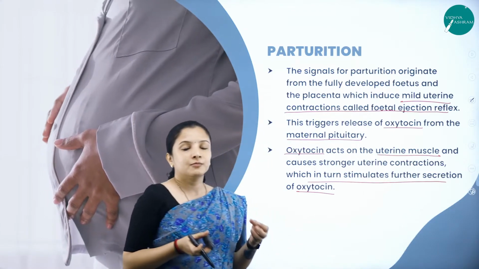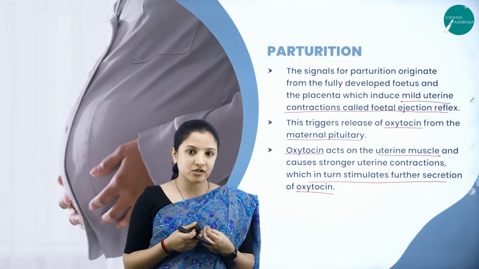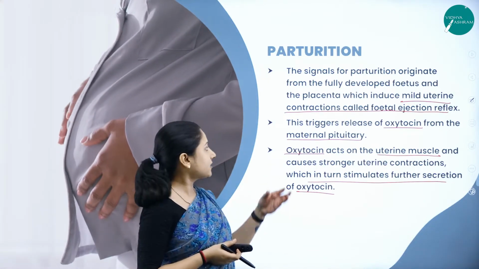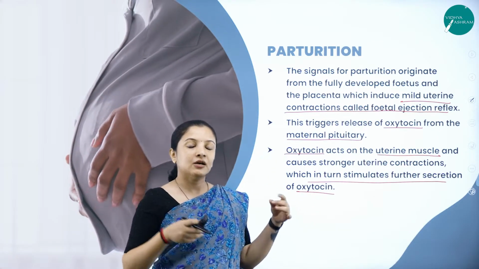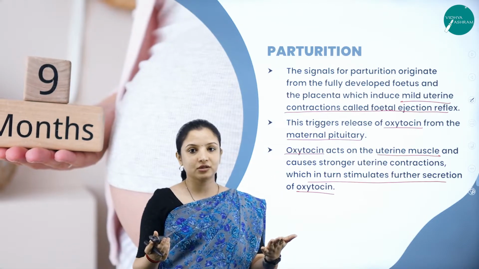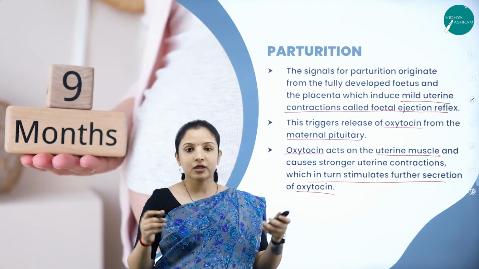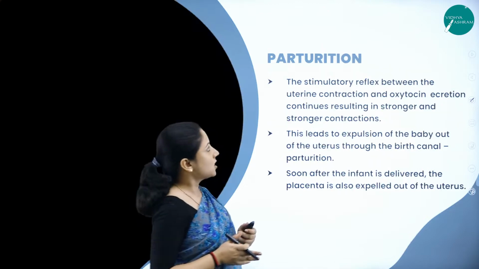So first, mild contraction will start. This will notify the pituitary gland to release oxytocin. When the oxytocin releases, further contraction will start, and when again the oxytocin releases, further contraction will start, and therefore it will result in the fetal ejection reflex or the parturition process.